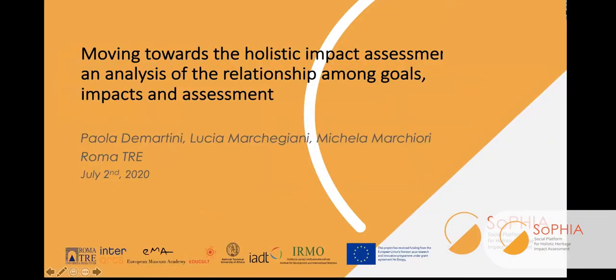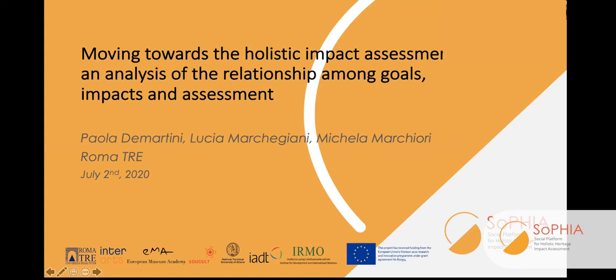So I will be introducing this presentation that was prepared by Paola Demartini, Michela Marchegiani, and myself. The main aim of this presentation is to explain the rationale that led the whole consortium to come up with Deliverable 1.2 that you received a couple of days ago, I think on Monday or Tuesday, I don't recall well.